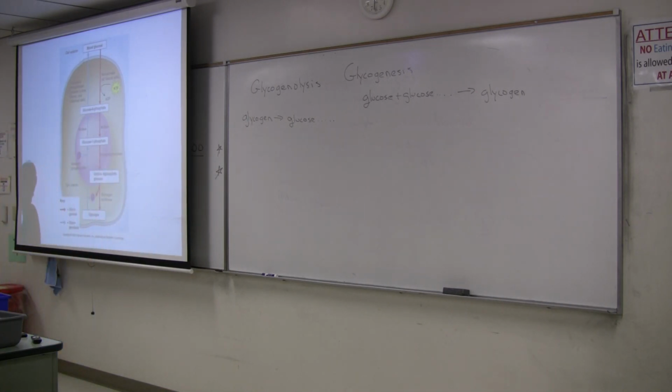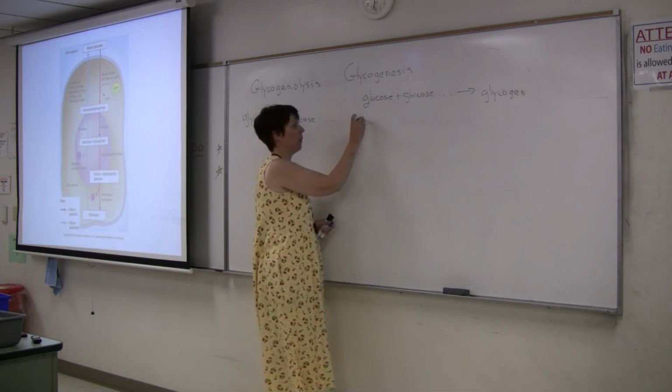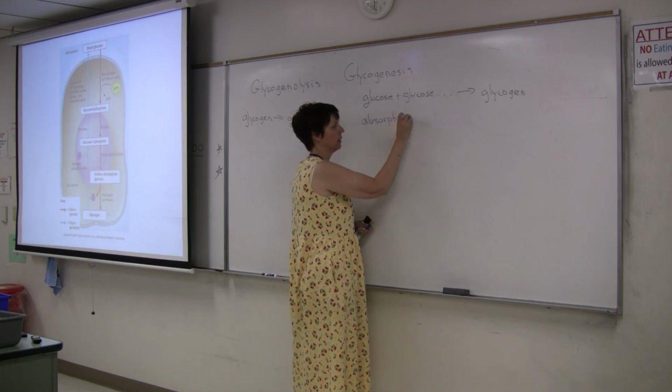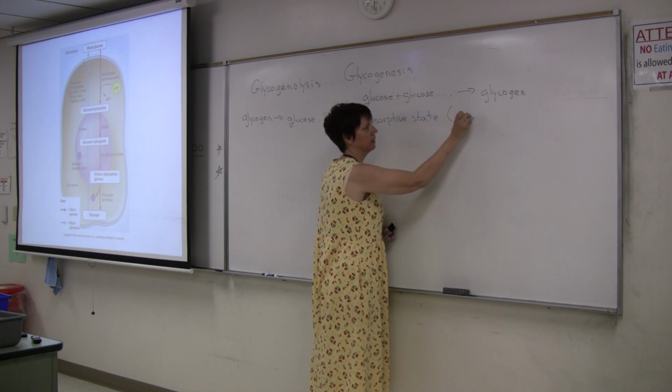So the two hormones that are important in regulation of this activity are what? When blood glucose levels are elevated? Insulin. So this occurs in what we call the absorptive state. And it uses insulin.